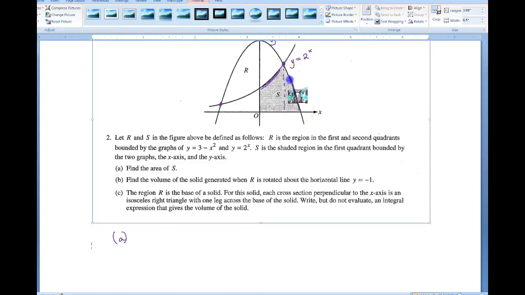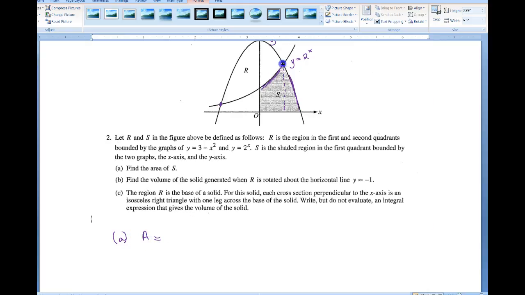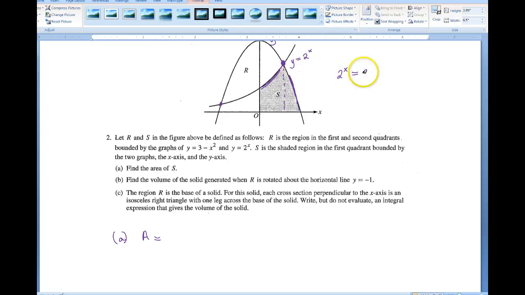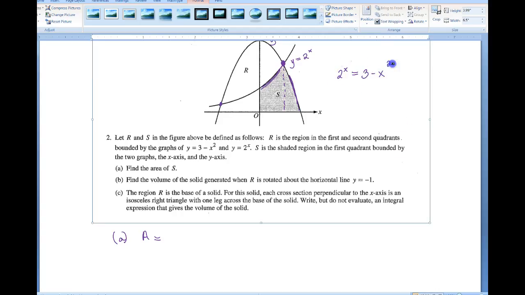So we actually have to create two separate integrals for the area. So we have to figure out where they intersect. So 2 to the x equals 3 minus x squared. Actually, I'm sorry, this was not a no calculator problem. This is calculator okay. So let's say I set everything equal to 0.